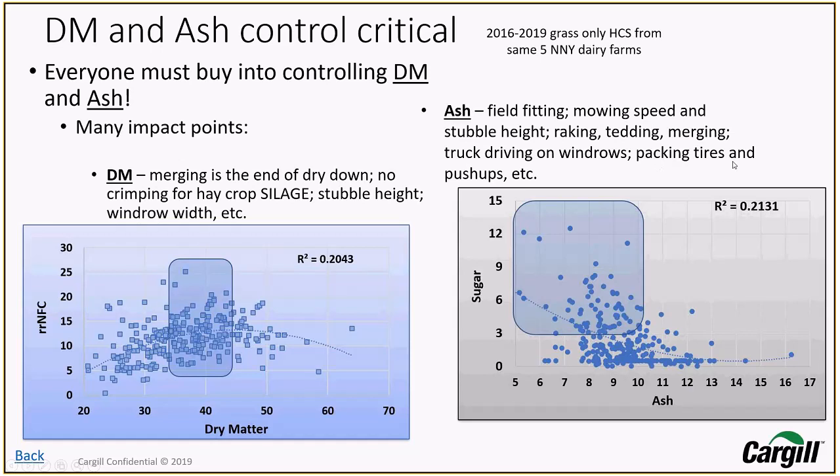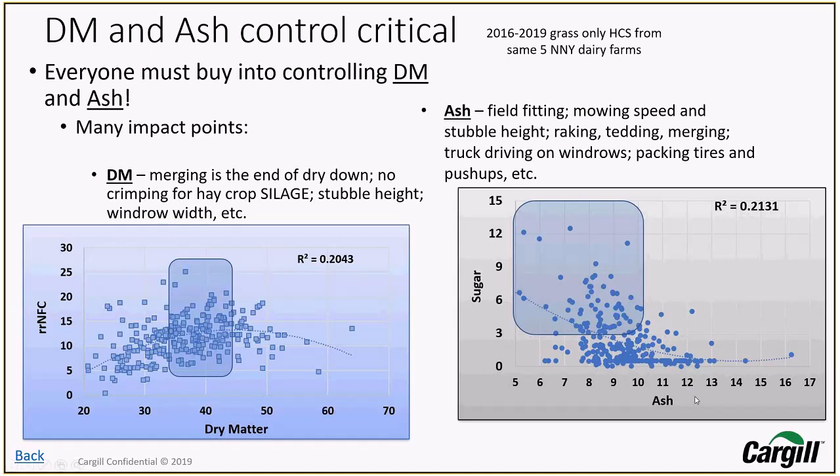The way we put on the tires and do push-ups into the silage, into the bunker silo or pile that we're making, all can have an impact on how much dirt gets mixed in there. Just dust covering tractors or trucks and so forth. And we've had people that have paved roads that are next to open silos as they're being filled to keep the dust down that's constantly coming into the open bunker as we're filling it.